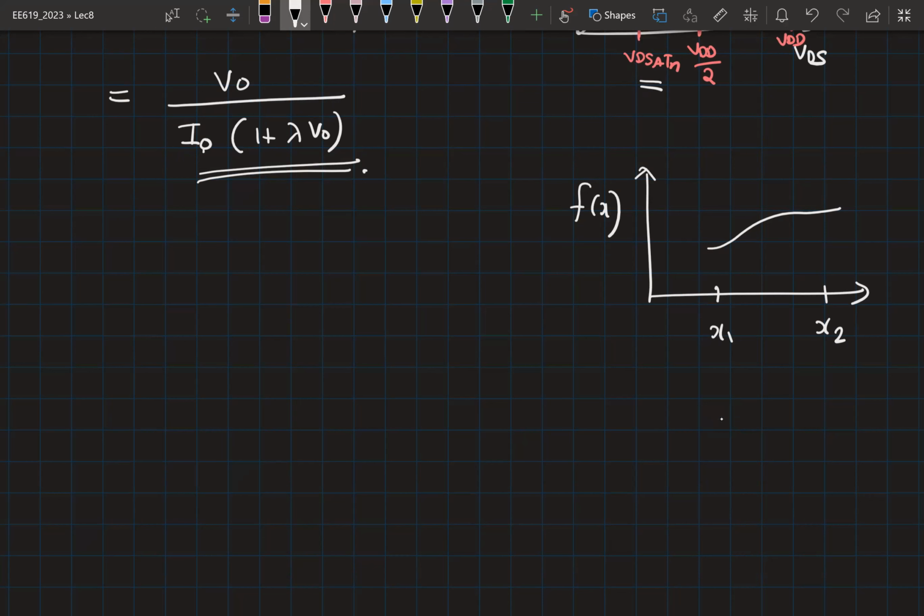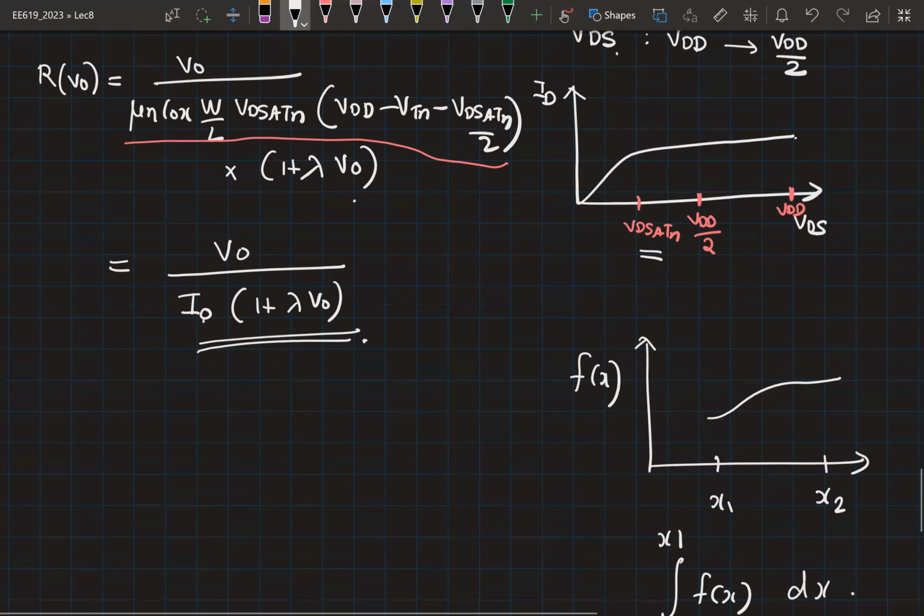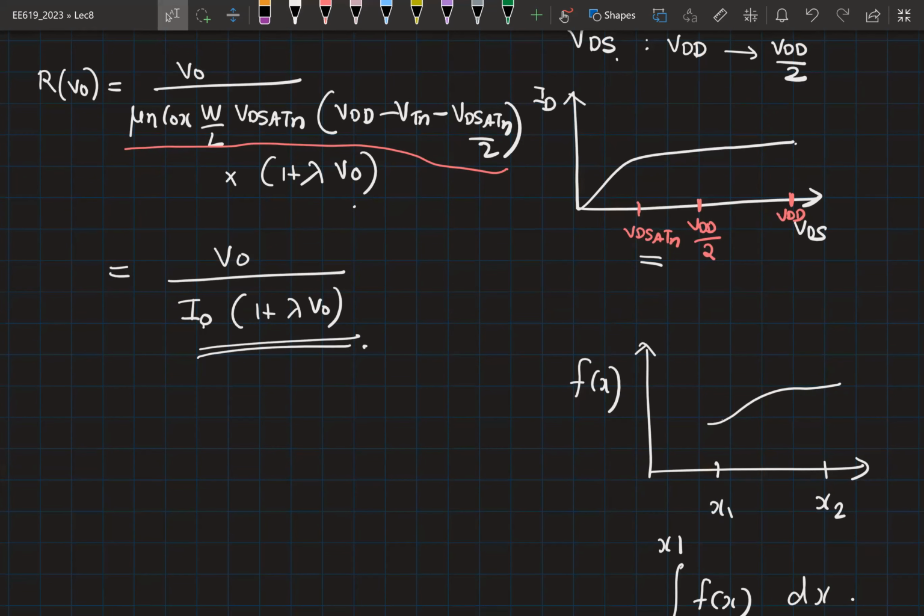You would sum it up and divide by the number of values. So now what should you do? Integrate it, right? So you will integrate f of x. You will move the integration from x1 to x2, then divide it by x2 minus x1. Right? So can you do the same and find out what is the average value of R of V naught? Give it a go.